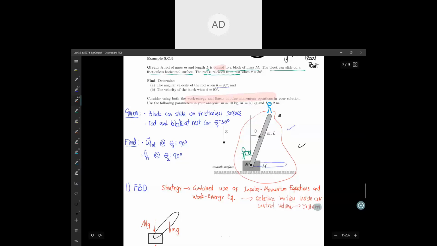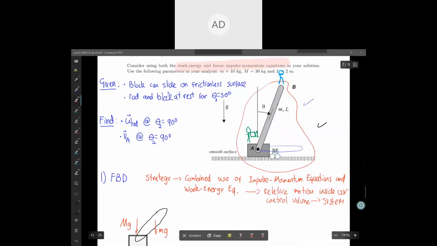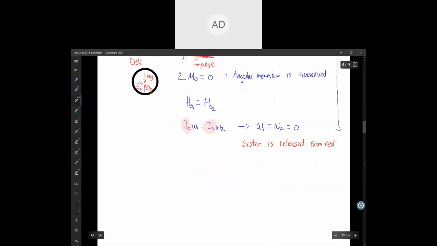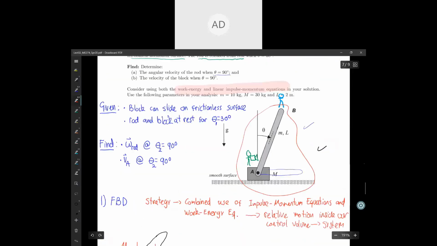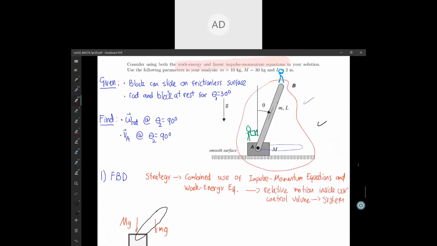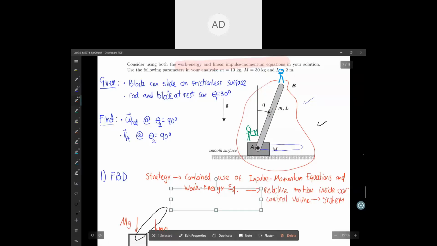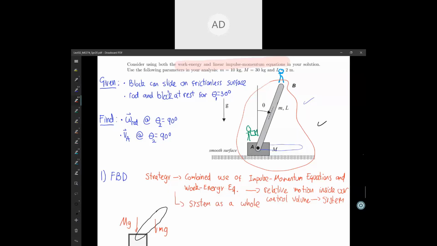In the videos, it's referred as that. And this is the most important thing that is going to tell you when you use, in a combined way, work energy and angular or linear impulse momentum equations. Now, if we use work energy or impulse momentum equations, we want to treat the system as a whole, right?